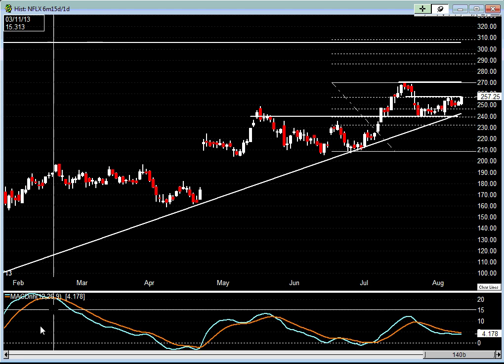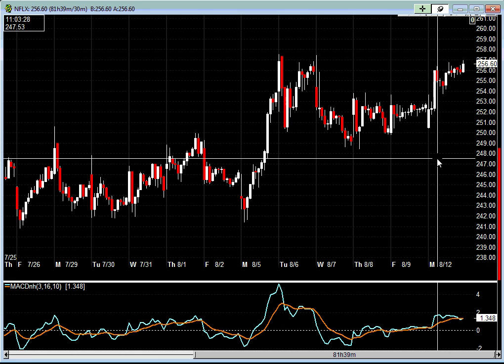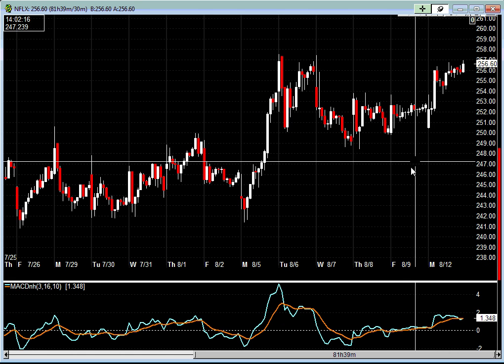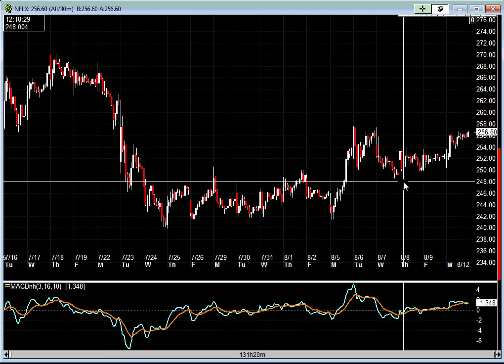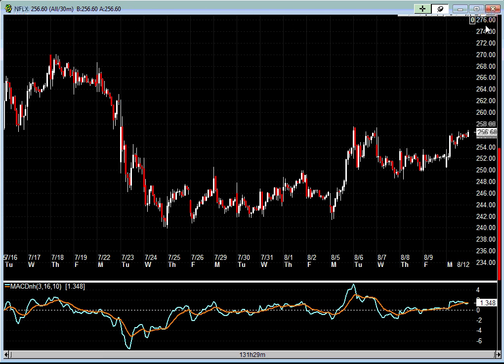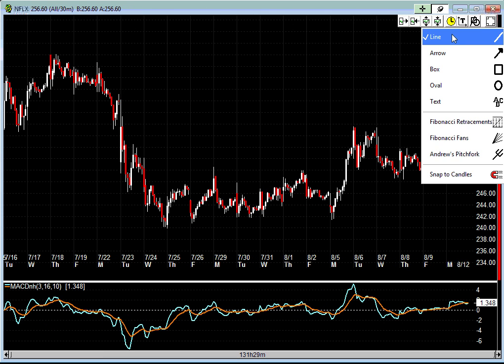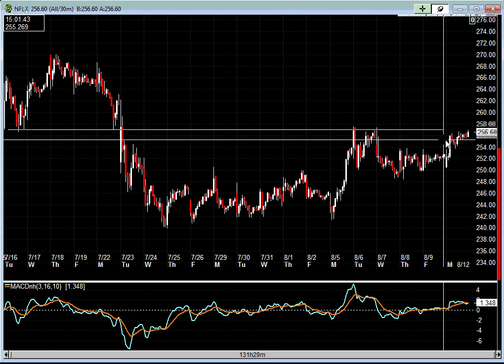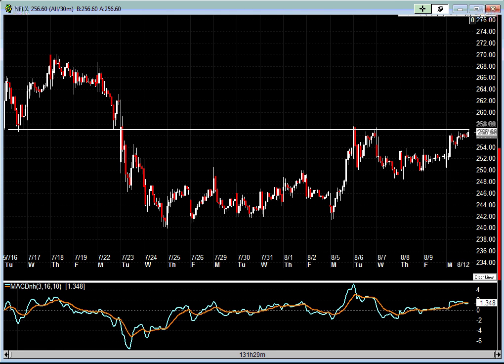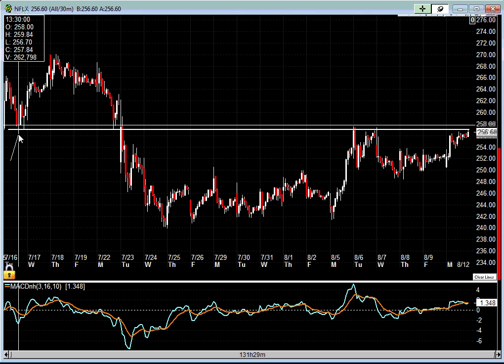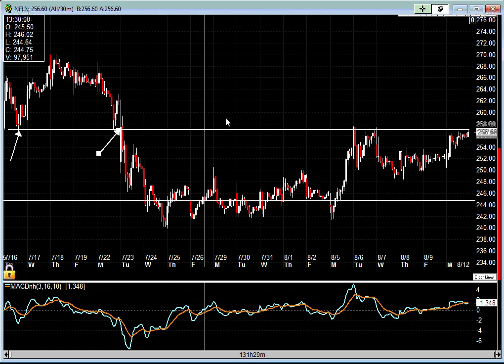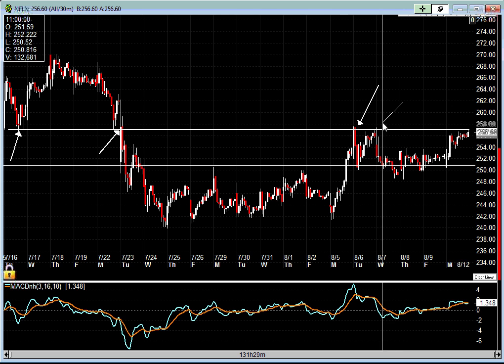If we take a look at the intraday chart here, it's really interesting. If we draw the line here, you see this. These are the support levels that actually turned into resistance.